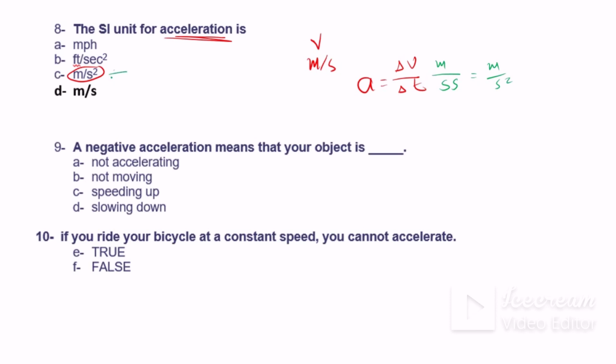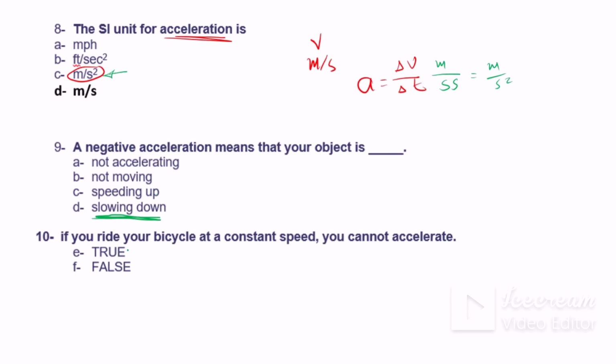Now a negative acceleration means that your object is slowing down. If your acceleration is positive, it means you are speeding up. So we have slowing down, negative acceleration; speeding up, positive acceleration; and not moving or constant speed or constant velocity, we will talk more about that.